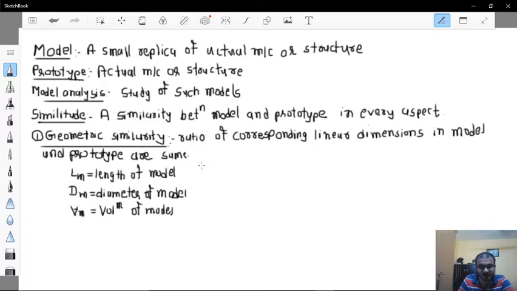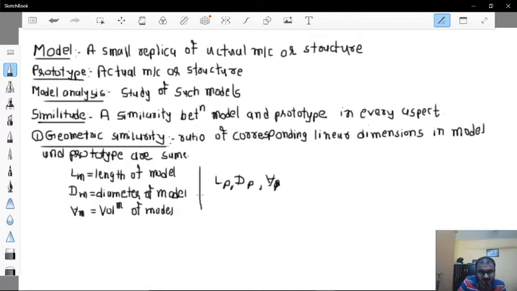So similar kind of properties or dimensions can be written for prototype: LP, DP and VP.